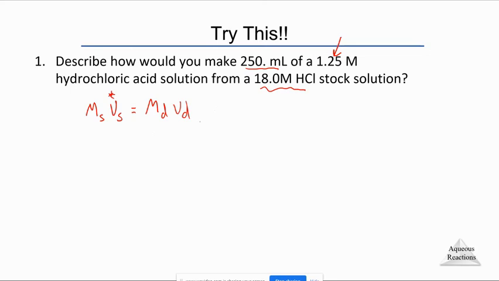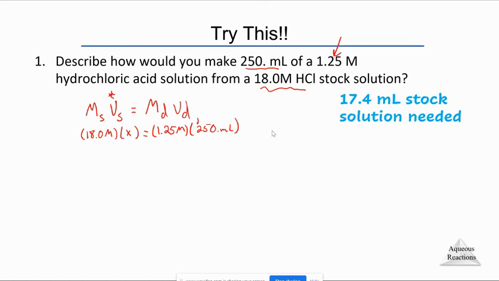So I'm going to plug in that I have an 18.0 molar stock solution. I need to figure out how much of that I need to take out in order to make the 1.25 molar solution, and I want to make 250 milliliters of it. Once you calculate that out, hopefully you end up with 17.4 milliliters of stock solution.